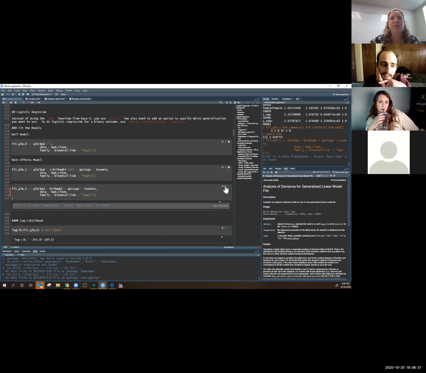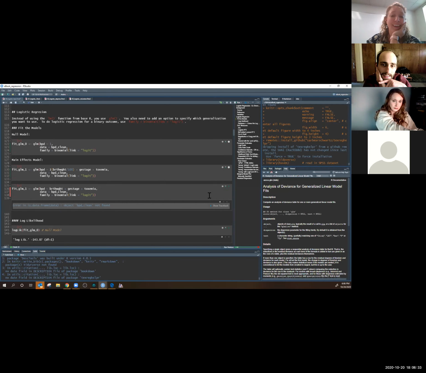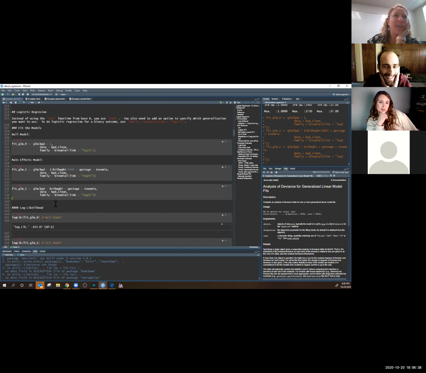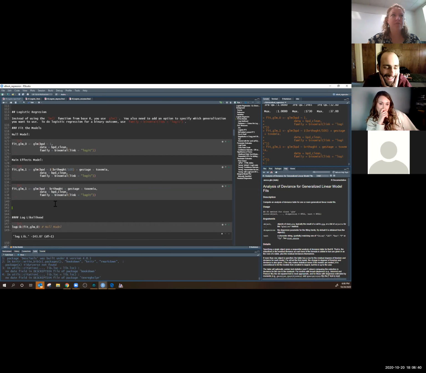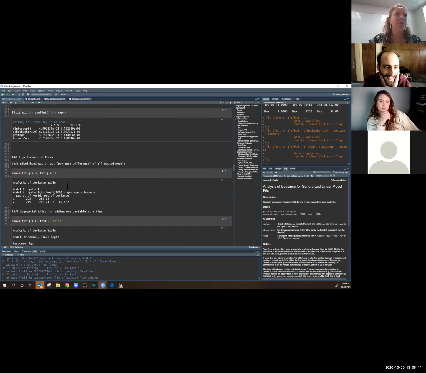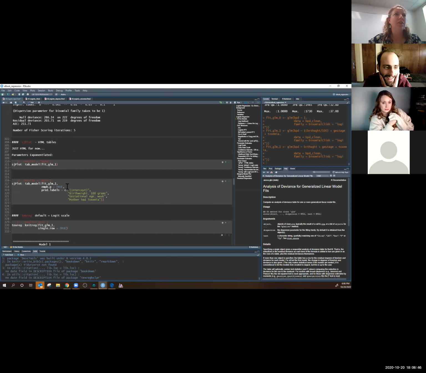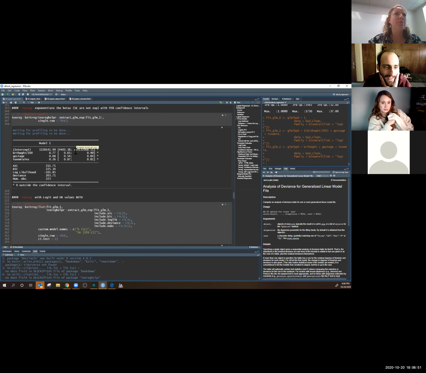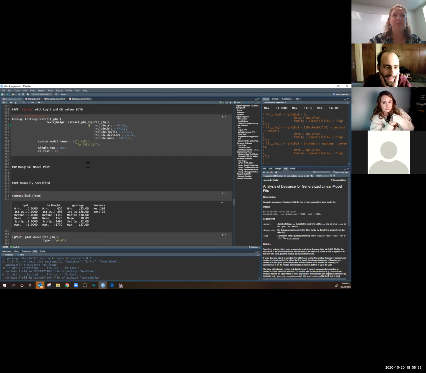Oh, I got to run the stuff above it. Helps to have the data set ready. Okay. So now I'll come down here to the table and run the table. Where's the table? Here's the combined table.